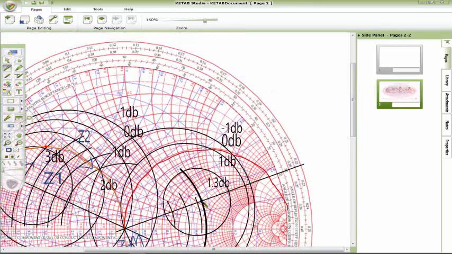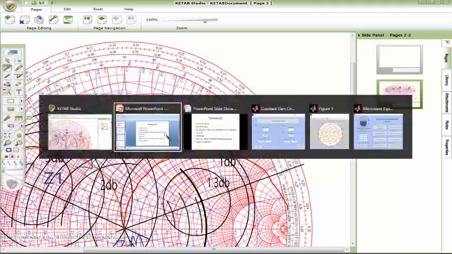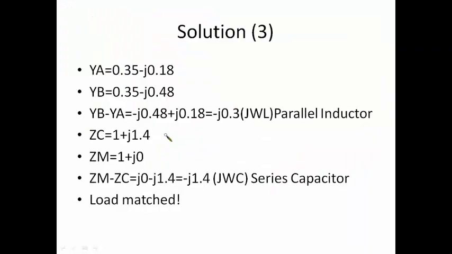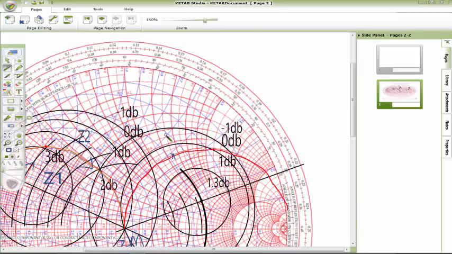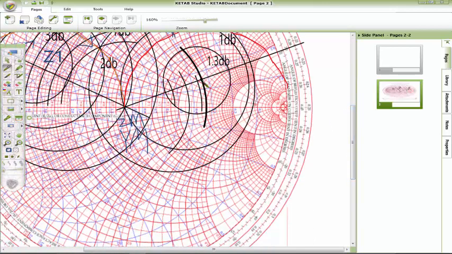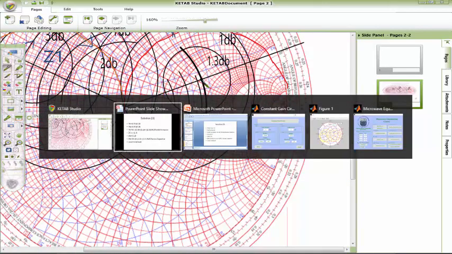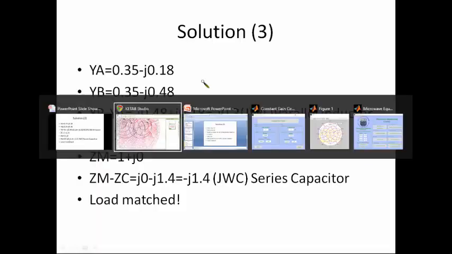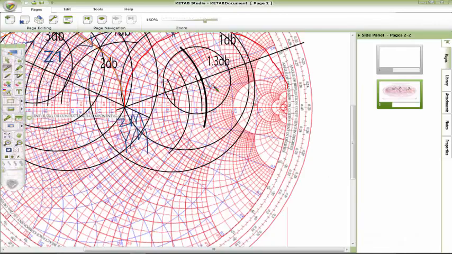We want to move from this point to a point which intersects here. This point, I will call it YB, and this is the 1.3. I will call it YA. This is YA.